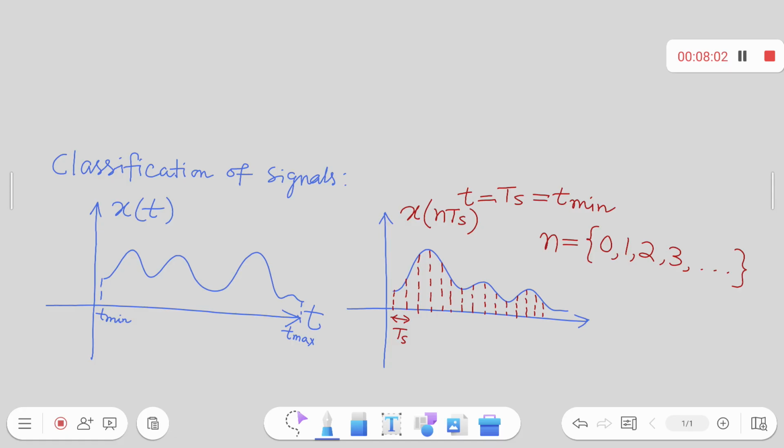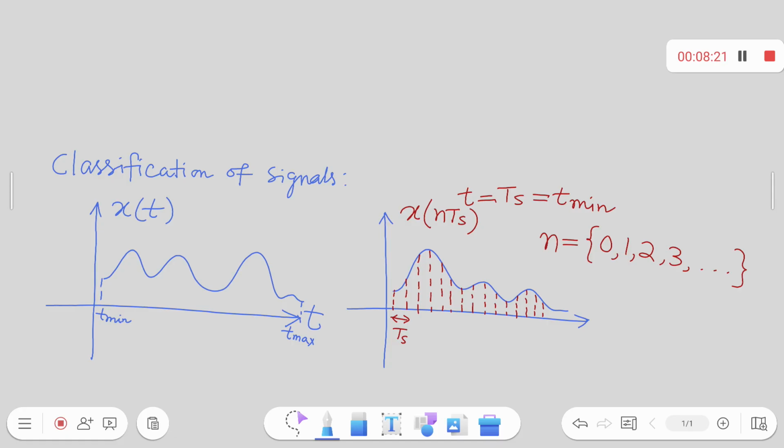So essentially, from the signal itself, what we are getting is a sequence. You will study in detail this particular type of signal in your DSP course in the next year. Ultimately, what you are getting is not x of t, rather x of nTs.